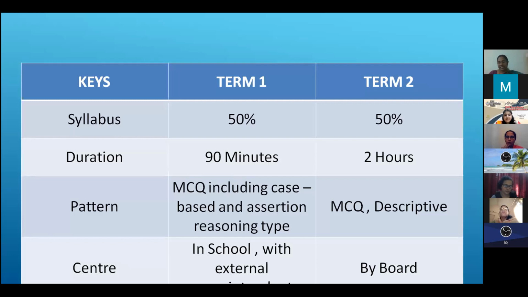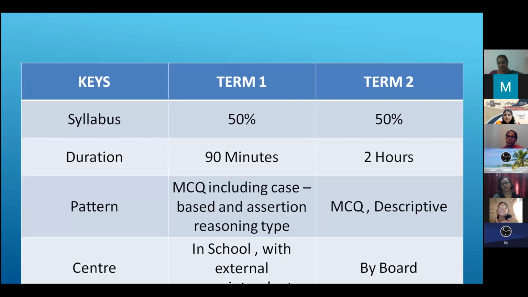Then the centre: for term 1, they have given that it will be in school with an external superintendent, and the second one will be by the board. This is only anticipatory because we are not sure regarding the centre and all, because they have given options. You might have seen plan 1, plan 2, plan 3, plan 4. 4 plans they have given. The first question is whether we can have the November-December examination online or offline.